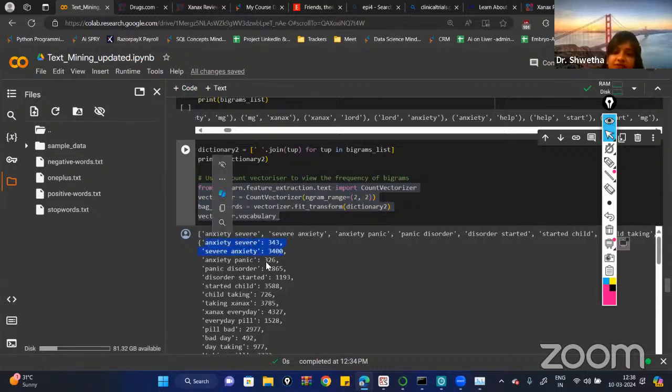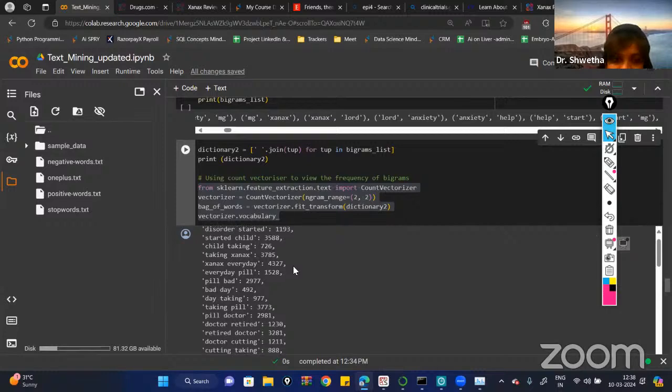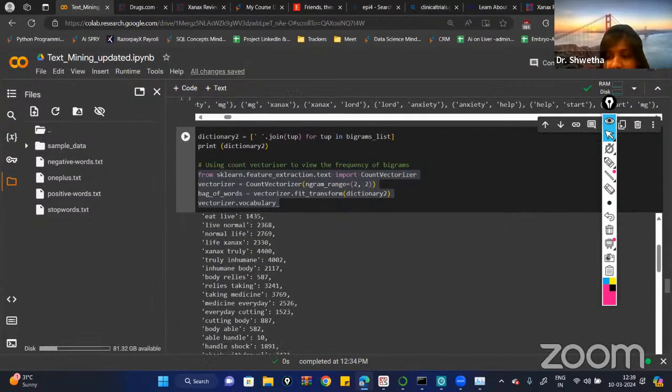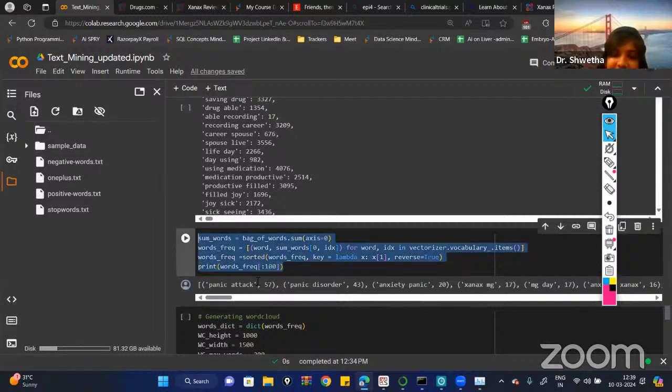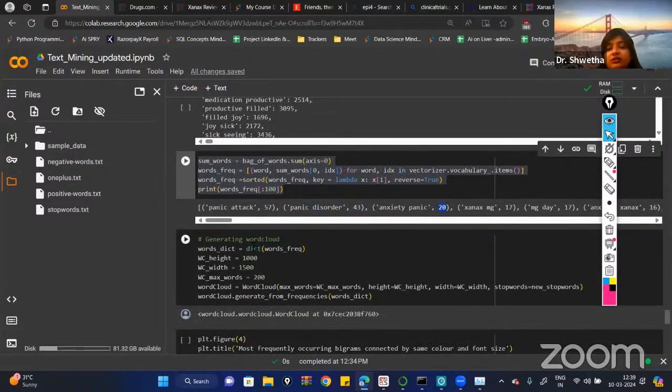So severe anxiety was repeated 343 times, startled child 340 times, and so on. Then we are calculating the bag of words. Panic attack 57 times, panic disorder 43 times, anxiety panic 20 times. So bag of words is giving the frequency of how many times the words were repeated.